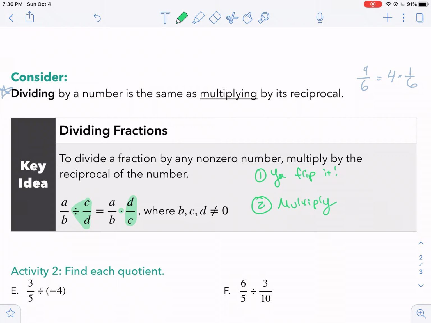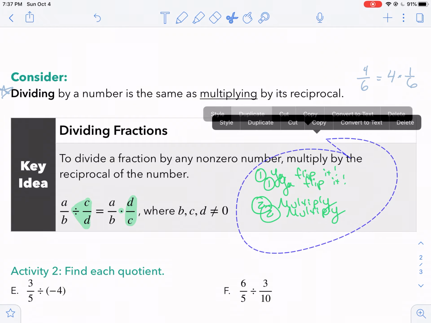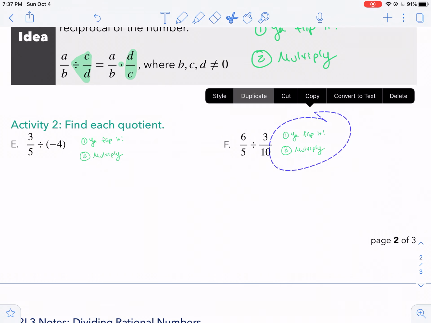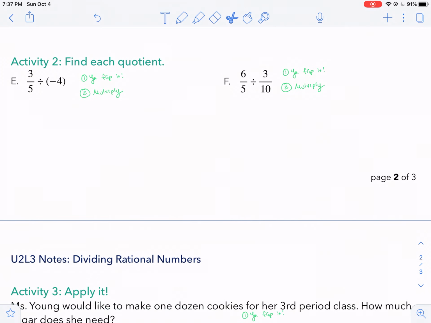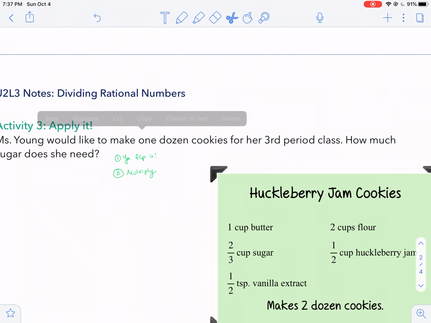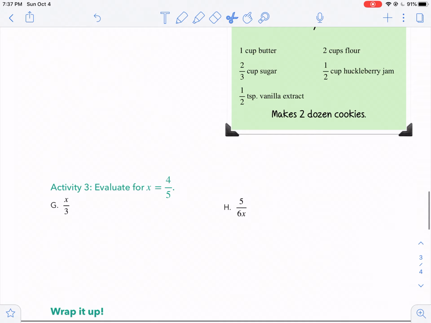That's our key idea of the day. Flip it and multiply. So take this idea, copy it to every problem that you see of division. Flip it and multiply.